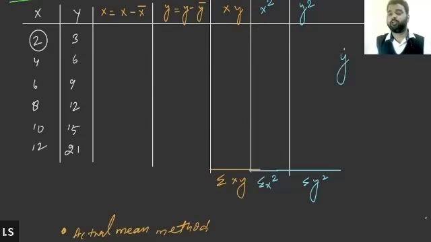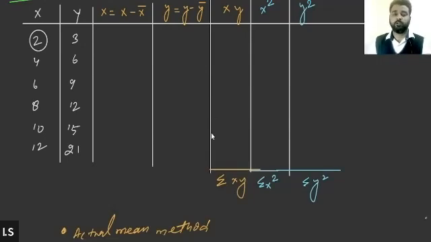We will total the items of the Y series, that is sigma Y, and divide it by the number of items. We will add 3 plus 6 plus 9 plus 12 plus 15 plus 21. There are 6 items, so we will divide it by 6. This is how we will find out the mean of X and mean of Y. Tell me, is this clear to you?